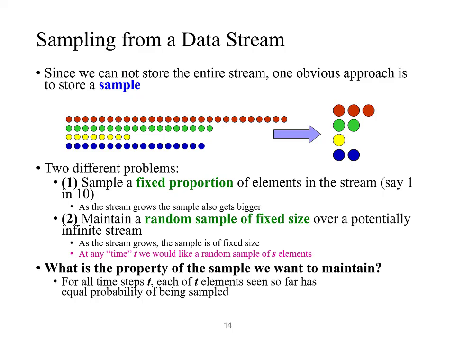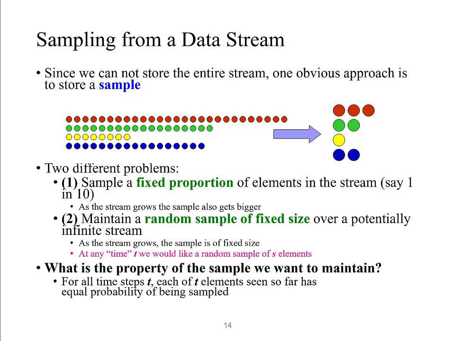Since we cannot store the entire stream, we can at least store a sample of the entire stream. The sample would give us some idea about the characteristics of the data stream.